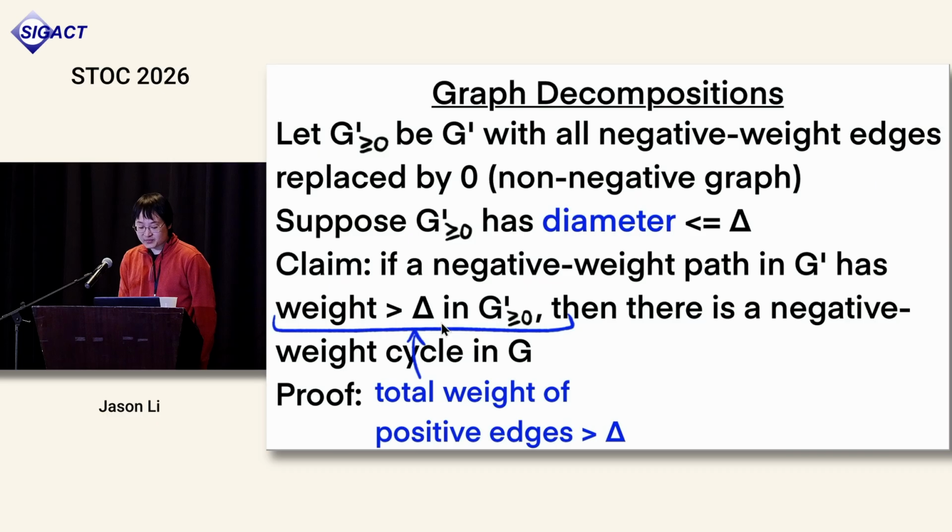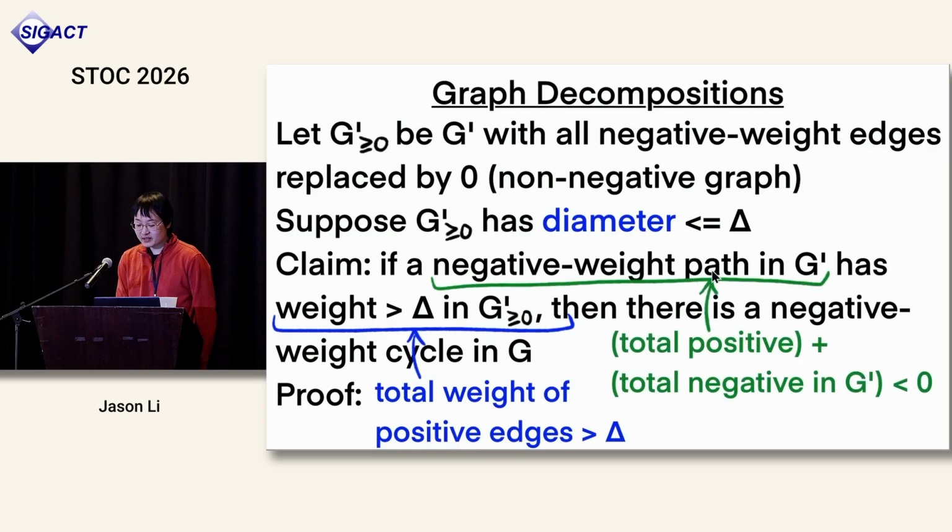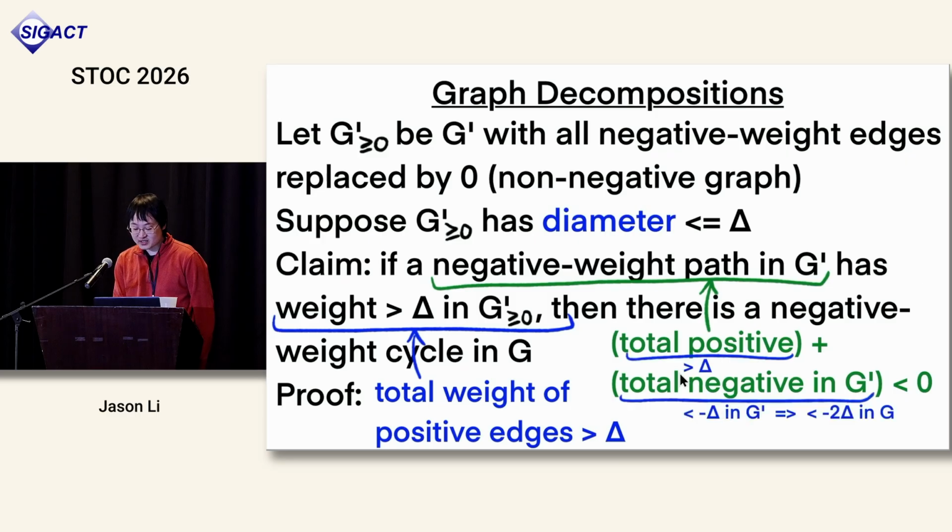So what does this mean? This means that the total weight of positive edges exceeds delta. This means that the total positive plus total negative in G prime is less than 0. And now we use the fact that the total positive was more than delta, and the total negative was less than, let's say, minus delta. Then because the graph in G was doubled, it was halved going from G to G prime, in G the weight was less than minus 2 delta.